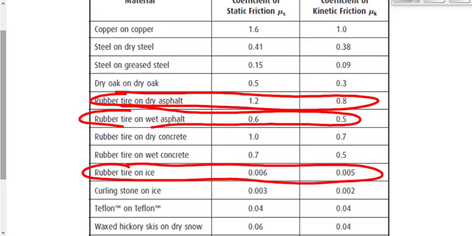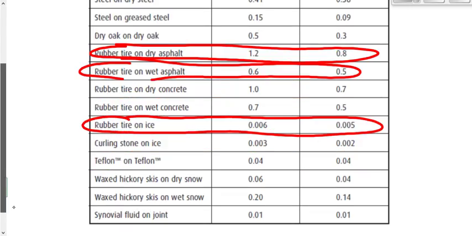So if you don't have winter tires, you should get them because it's way better in the wintertime. Not because, as I said, the tread is almost irrelevant. What's important is the coefficient of friction. It's way bigger.